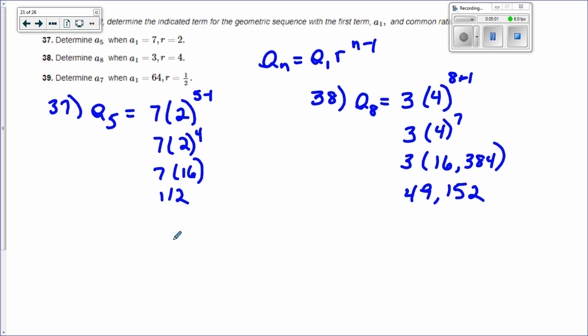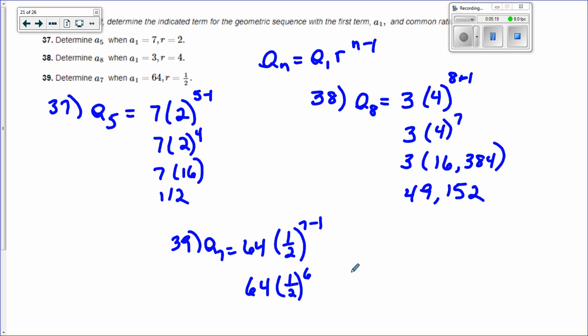Okay, last one, 39. A sub 7 is, first one is 64. The common ratio is 1/2, and this is going to be 7 minus 1. So this is 64. This is 1/2 to the 6th. So I did it as a fraction in my calculator.